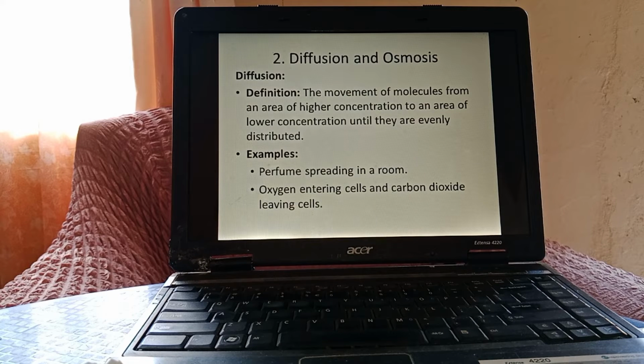But that process, that perfume coming from that person to you, is what we are calling diffusion. Because the molecules of the perfume are concentrated on that person, and they move from where they are concentrated to where you are, you who have not applied that perfume, and then you can smell them.